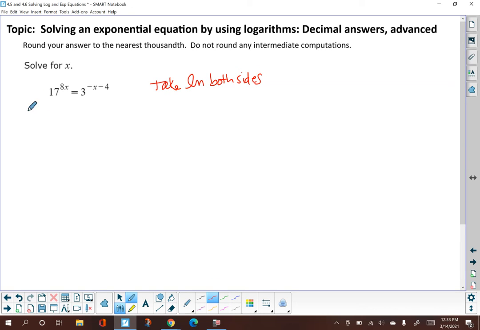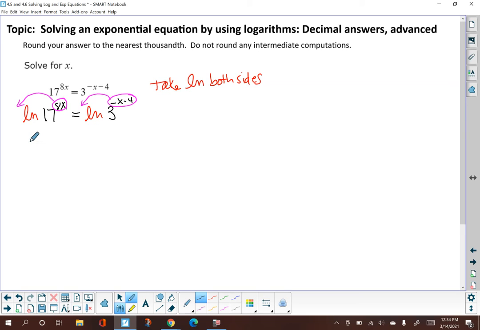We're going to take the natural log of 17 to the power 8x, and we're going to take the natural log of 3 to the negative x minus 4 power. The reason we take the natural logs of both sides is so that we can apply the power rule here and bring these powers down to the front.